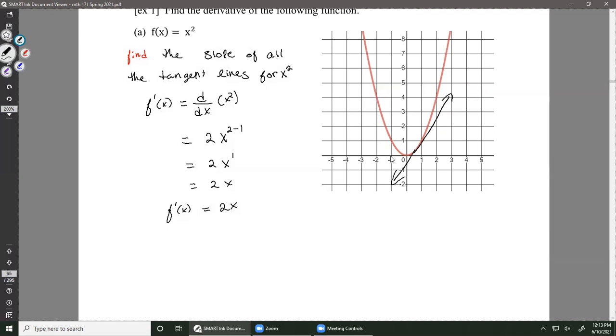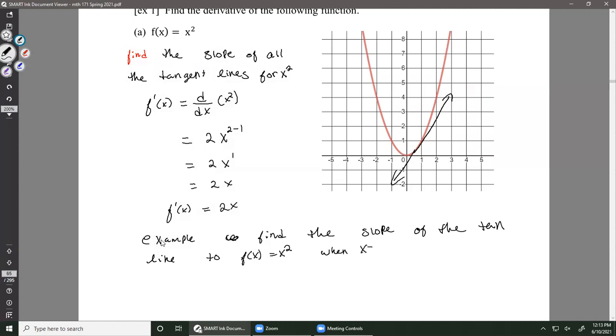Well, I can evaluate the derivative. I could say find the slope of the tangent line to f of x equals x squared when x is equal to 1.